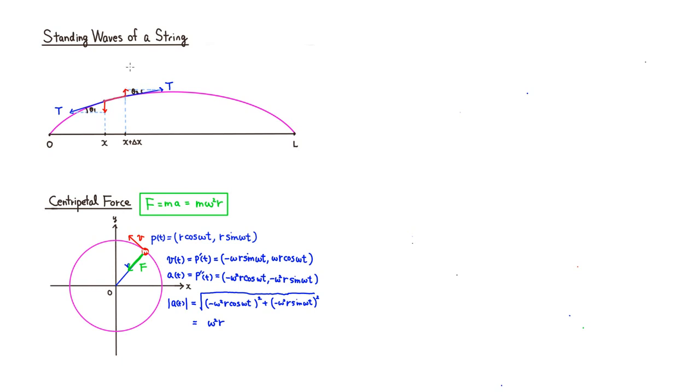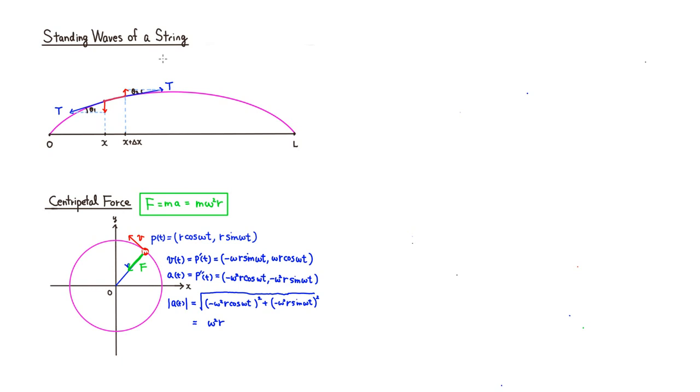Since the tension is uniform, on this right end it's pulling in the tangent direction of the string this way, and on the other end the same tension is pulling in the tangent direction.